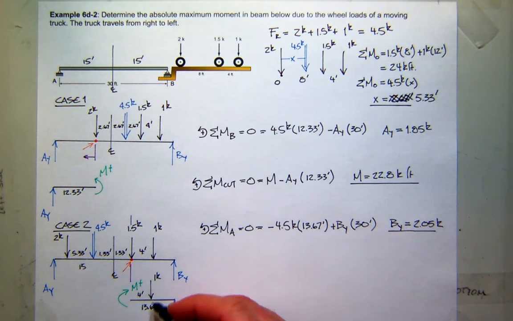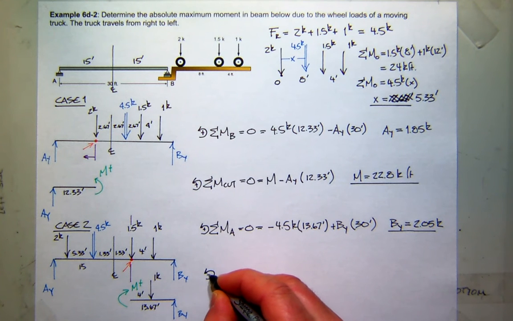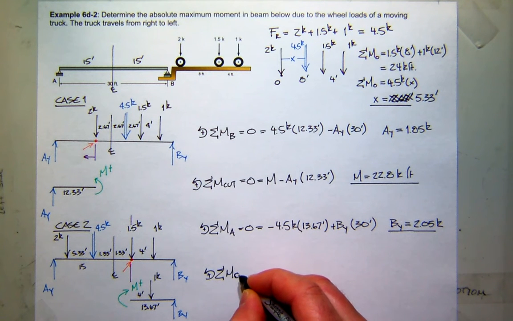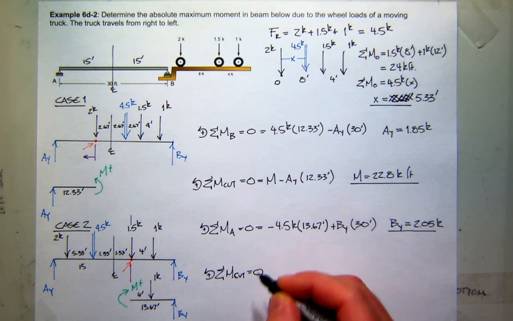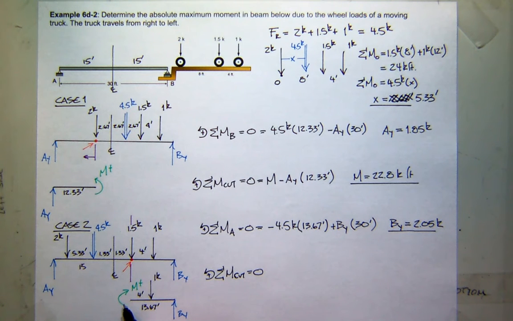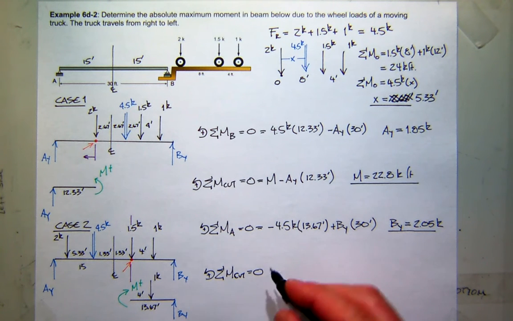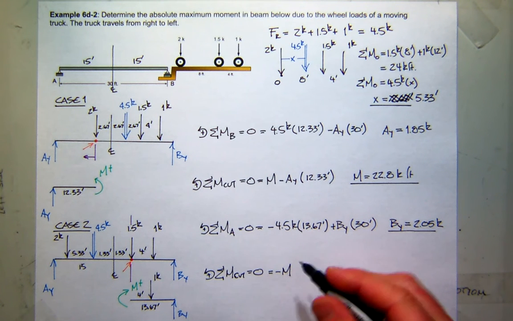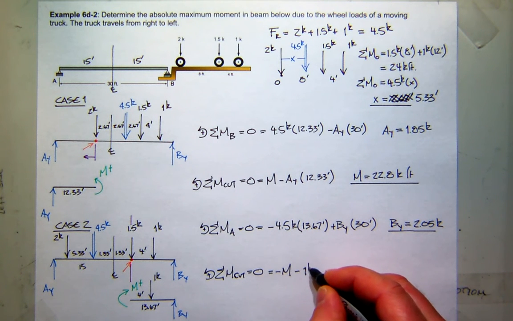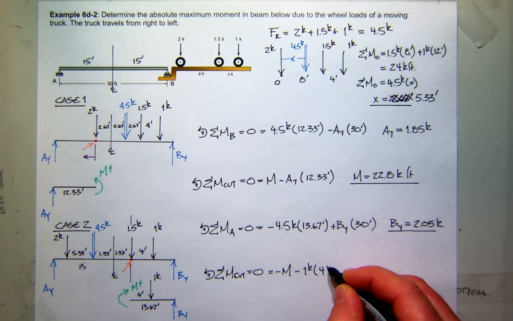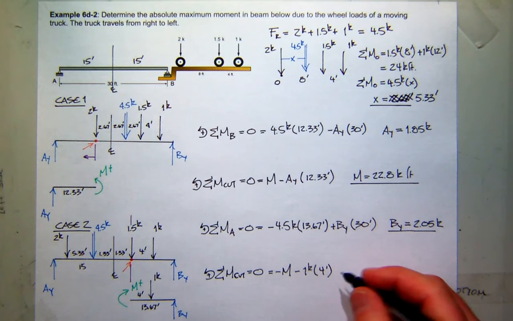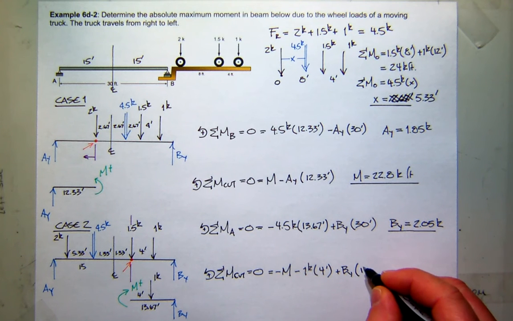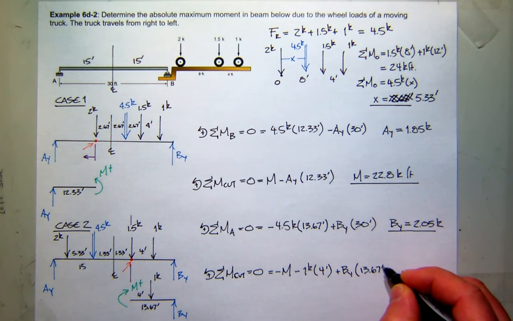So now I can find the moment by summing moments at the cut. So summing moments about the cut using right-hand rule, the moment is negative. The one kip force also creates negative moment. 1 kip times 4 feet. And then BY creates positive moment times a moment arm of 13.67 feet.